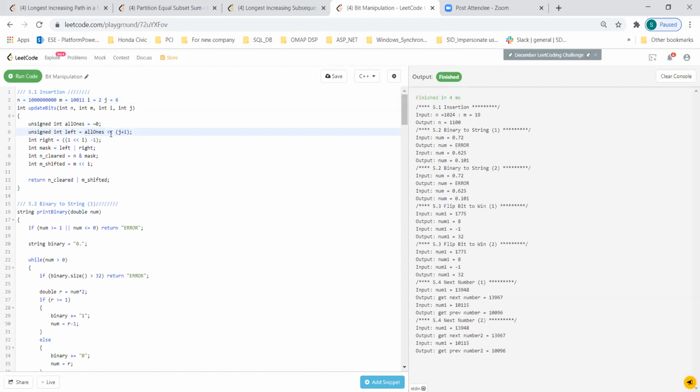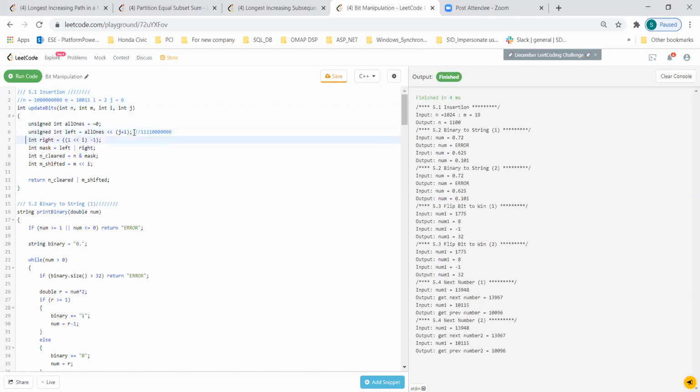If we left shift all these by 1 plus j, we'll have 7 places, so 1 2 3 4 5 6 7, we'll have 7 zeros, right? Okay, and then I'll have to just do this here.